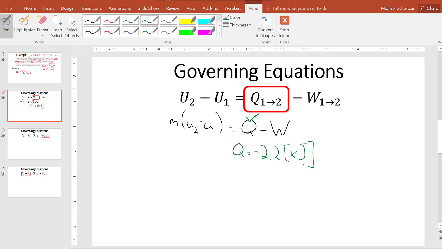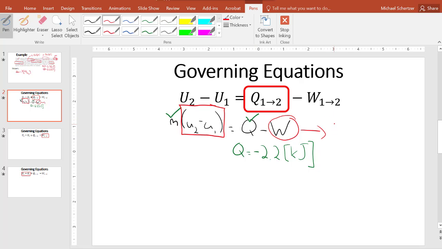We also know the problem told us the mass. Here we don't know delta U, but that's okay because that's what we're trying to find. Ultimately we would like to find this, and if I knew the work, then I would be able to find delta U. Does that make sense?